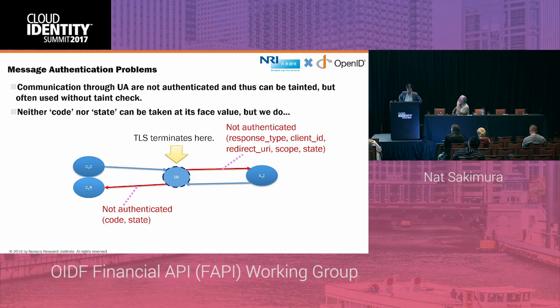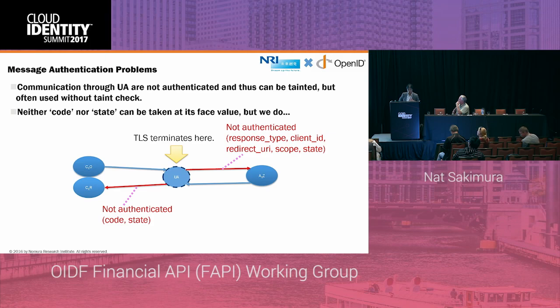Some of the problems that we have to deal with are message authentication problems. Communications through user agents are not authenticated, right? We are using TLS, but the TLS session is terminated at the browser, and within the browser it's not protected.